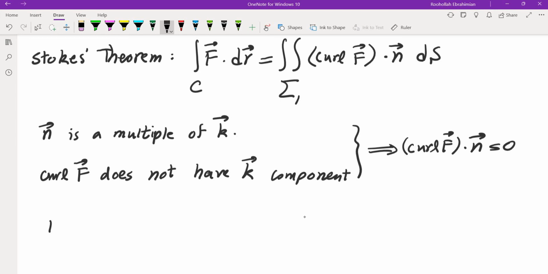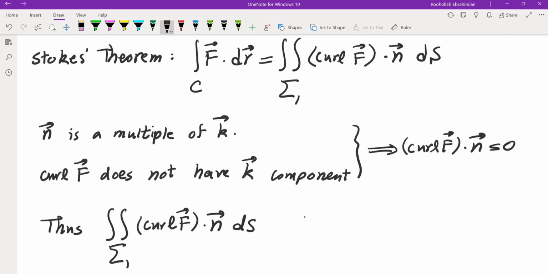So what does it mean? It means the line integral of f dot dr is going to be just 0. Or rather, the surface integral would be 0, which means the line integral would also be 0. So the surface integral of curl of f dot n dS is going to be 0 because the integrand is 0, because curl is perpendicular to the normal vector.